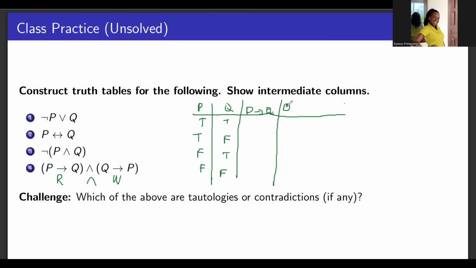Then I find Q implies P, then I do a column. Then I want my P implies Q to be R and this one to be W. So I'll do a column for R and W, focusing on these two columns and filling up here too. Once I finish this column, I'm done. So that's how you go about them step by step.